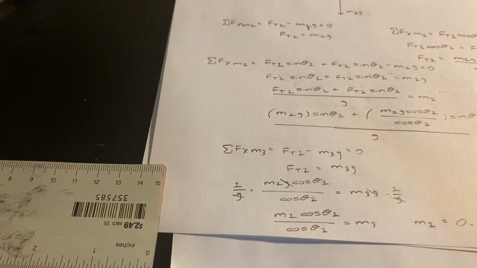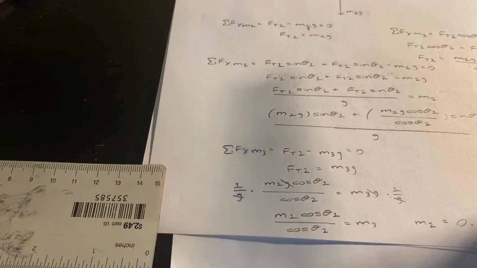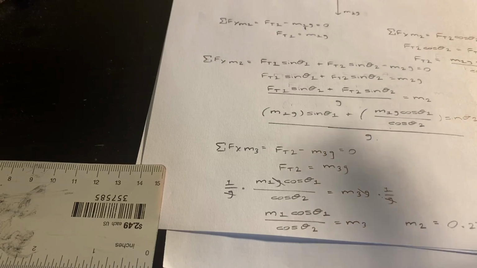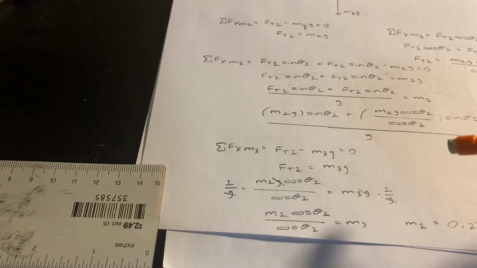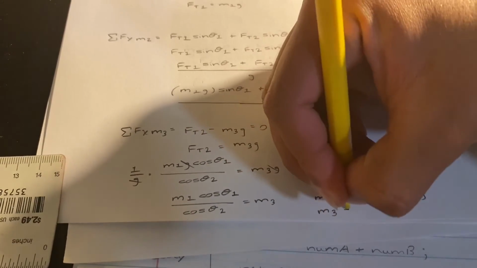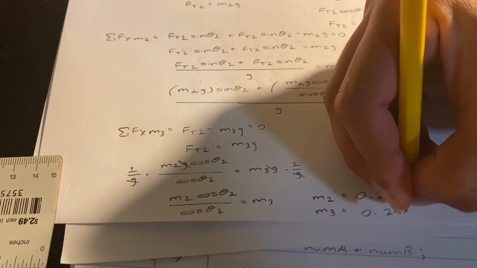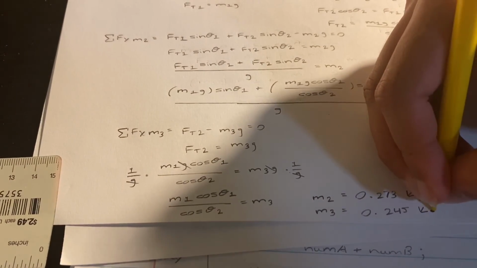If we substitute our knowns, which is mass 1 and theta 1 and theta 2, which I've already established, mass 1 is 0.200 kilograms, theta 1 is 30 degrees, and theta 2 is 45 degrees, we find that our mass for mass 3 is going to be, I'll write it here, mass 3 is 0.245 kilograms.